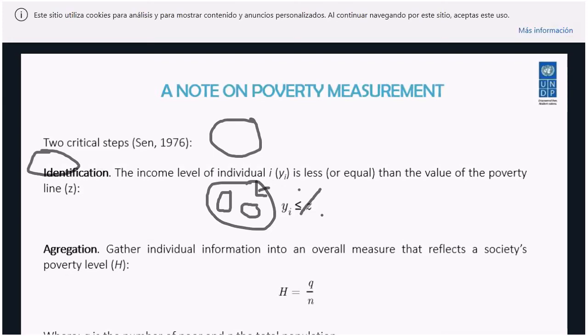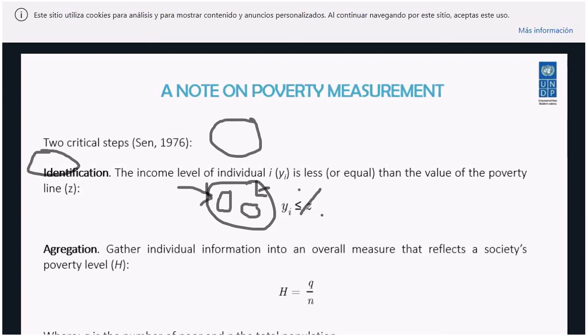By the way, this was not created by Sen. I mean, Sen discussed these two critical steps and set the stage to derive more comprehensive poverty indices, indices that are sensitive to different aspects.